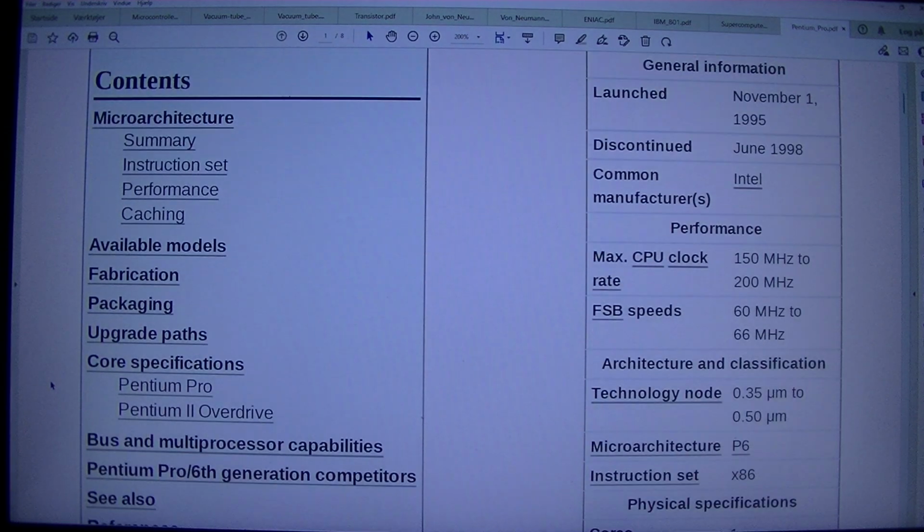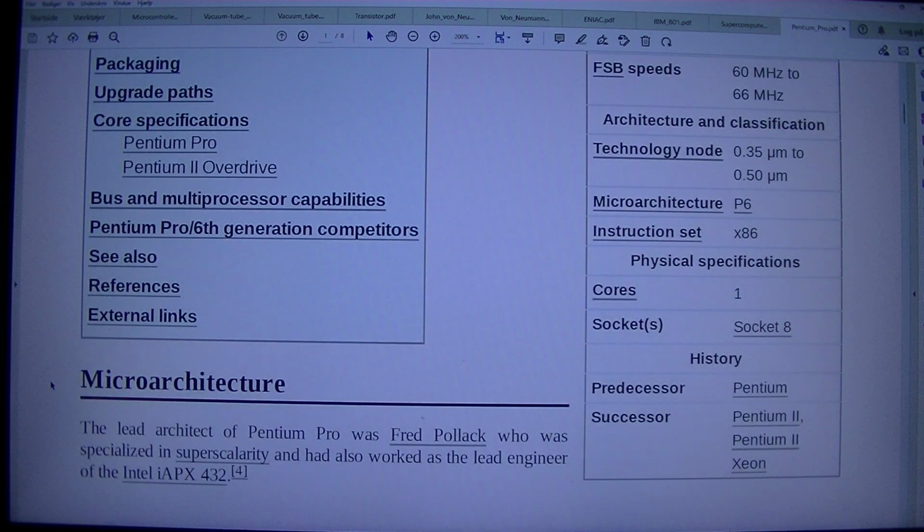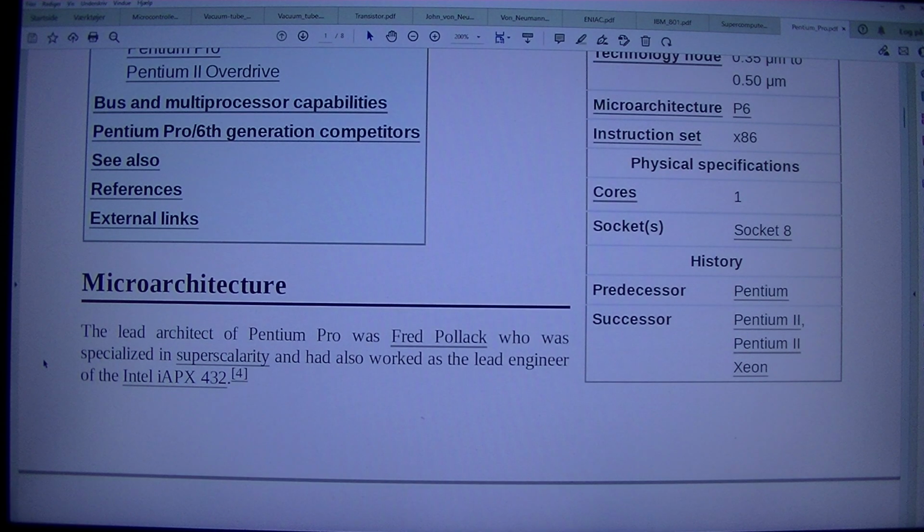Contents: Microarchitecture, Summary, Instruction Set, Performance, Caching, Available Models, Fabrication, Packaging, Upgrade Paths, Core Specifications, Pentium Pro, Pentium II Overdrive, Bus and Multiprocessor Capabilities, Pentium Pro 6th generation competitors. See also, References, External links.